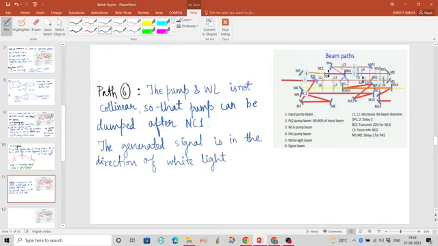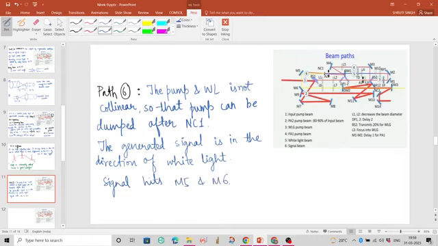So the next thing is this signal hits the mirrors M5 and M6.